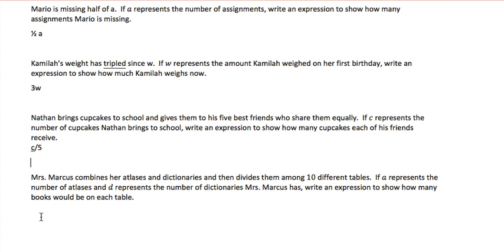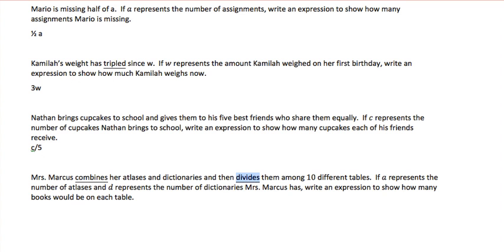Mrs. Marcus combines her atlases and dictionaries and then divides them among 10 different tables. If A represents the number of atlases and D represents the number of dictionaries Mrs. Marcus has, write an expression to show how many books would be on each table. She is combining her atlases and dictionaries, which is adding, and then divides them.